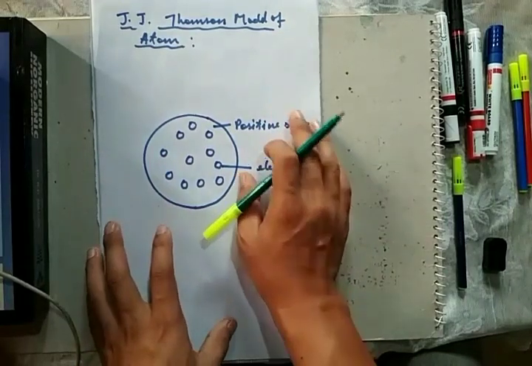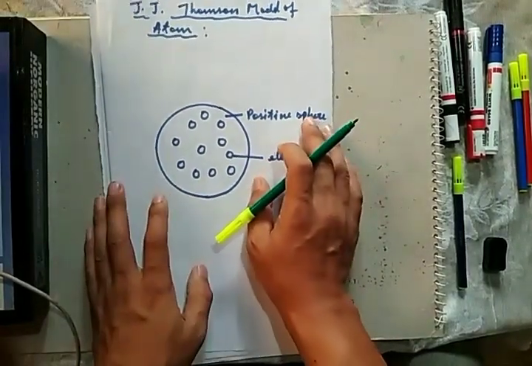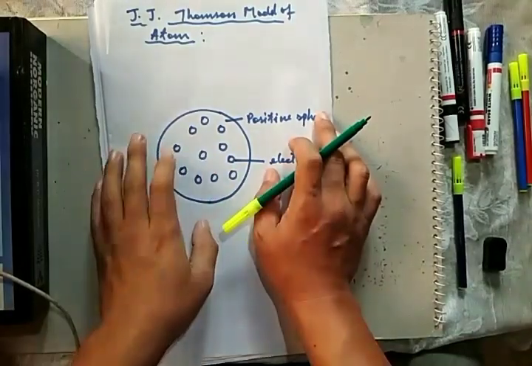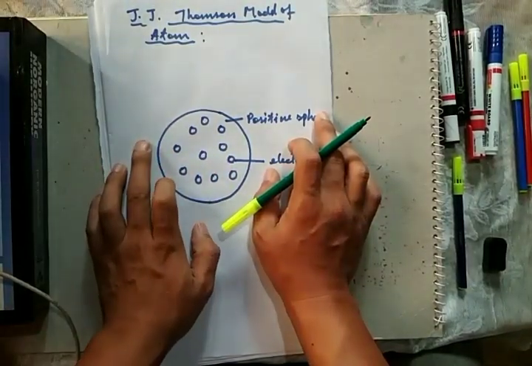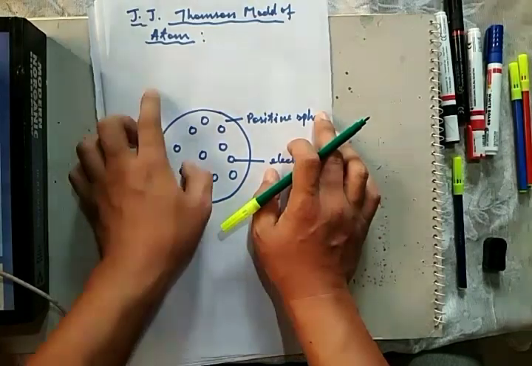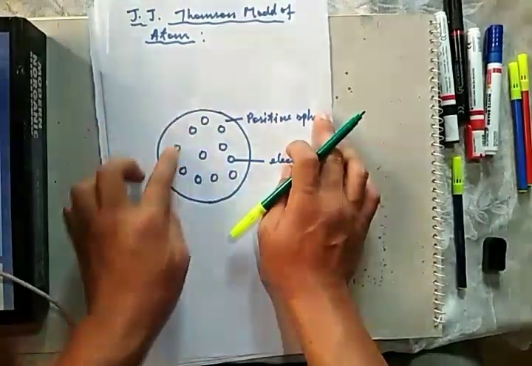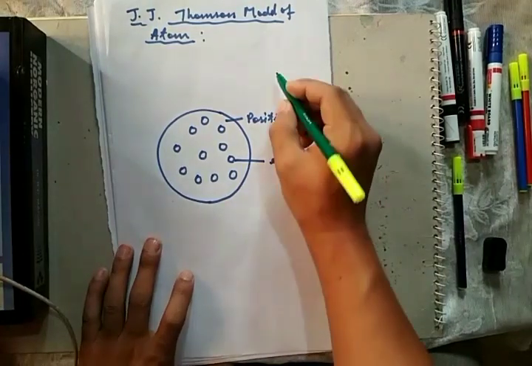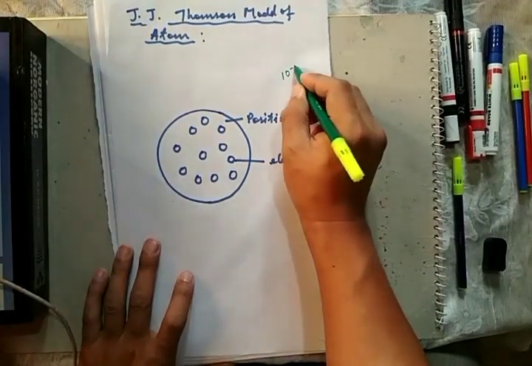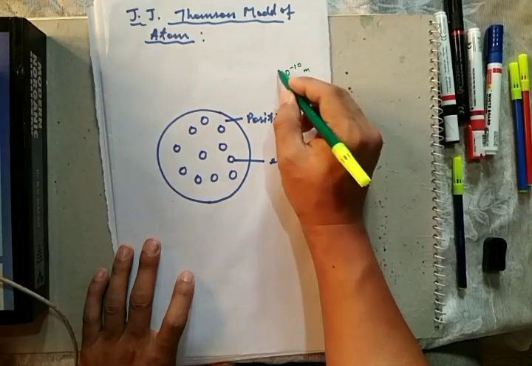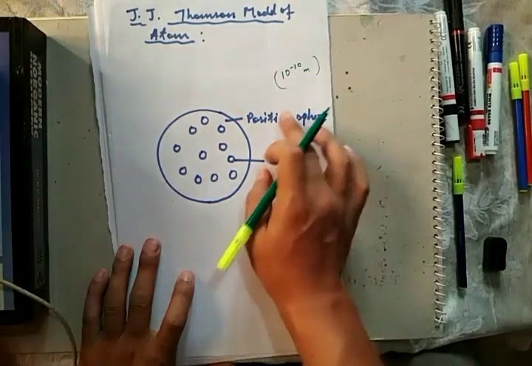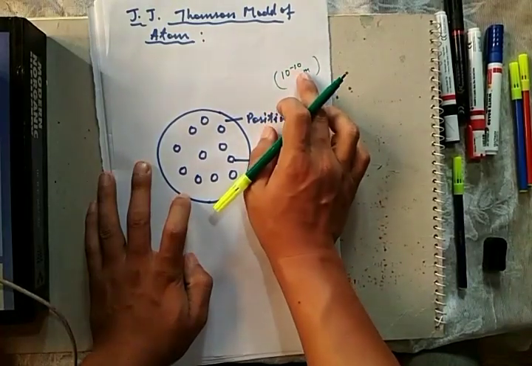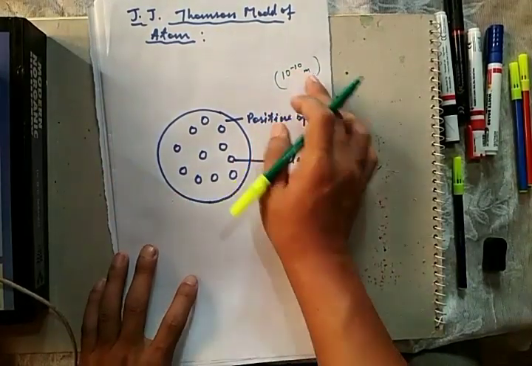Now the J.J. Thomson model. From this model he proposed that an atom possesses a spherical shape, with an approximate radius of 10^-10 meter.